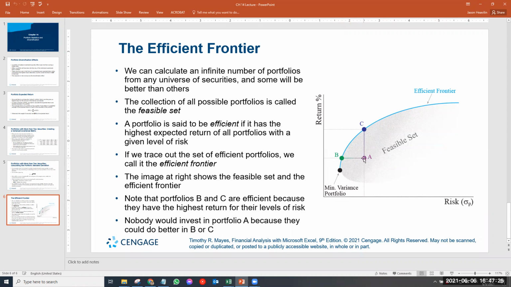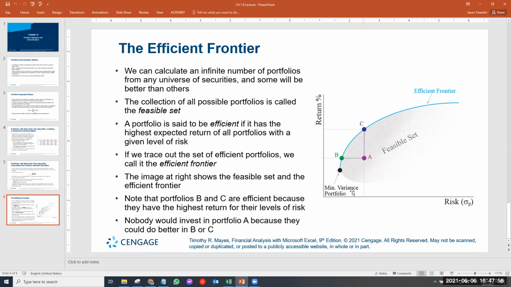Now, if we're looking at A and C, we have a somewhat similar situation, but from a different perspective. Portfolio C is giving you, let's say, 10% return for this amount of risk. So portfolio A compared to C, they have the same risk. They both are in the same spot of risk, but C is giving you higher returns.